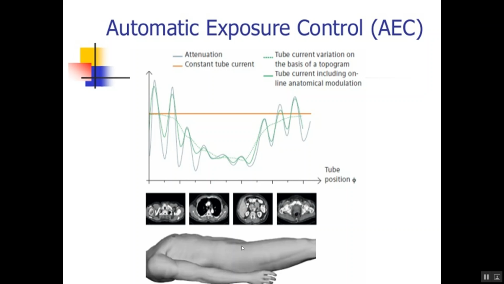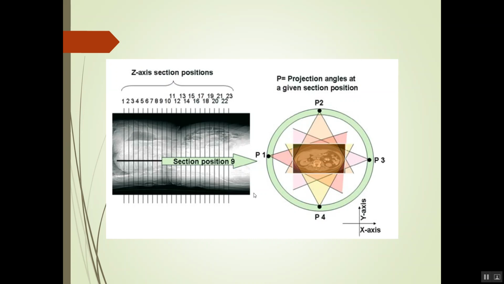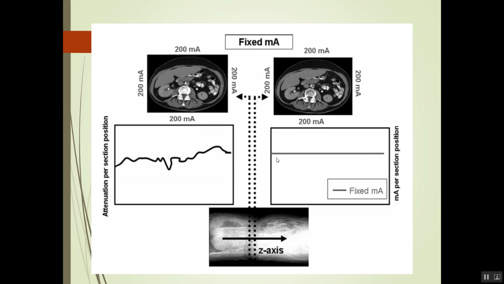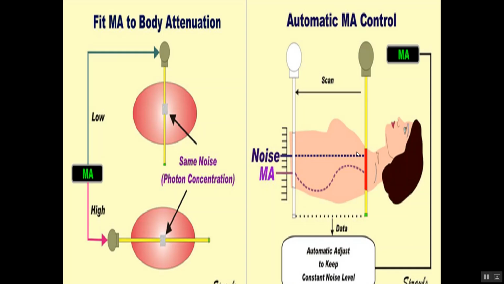Okay, so here this is a patient, and we scan. We have two types of dose modulation: longitudinal dose modulation and transversal dose modulation. In longitudinal dose modulation, we change the milliampere according to the body region.